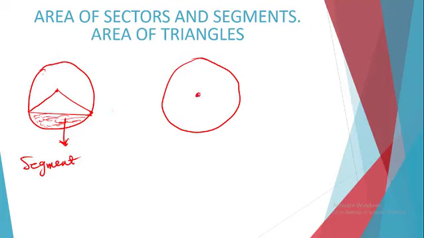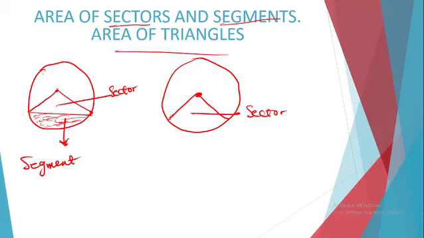But in a circle where we have something like this, inside here is what we call the sector. So we are now looking at the area of sectors, the area of segments, and also the area of triangles.